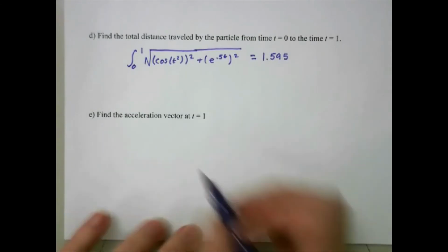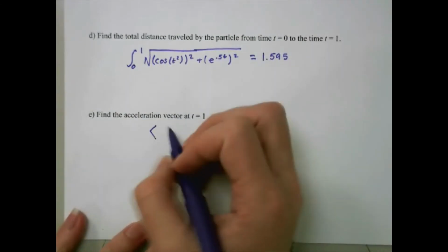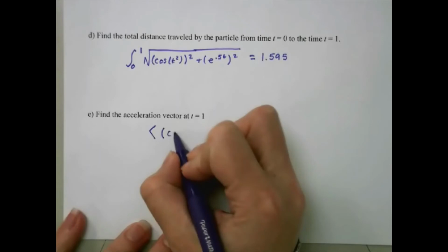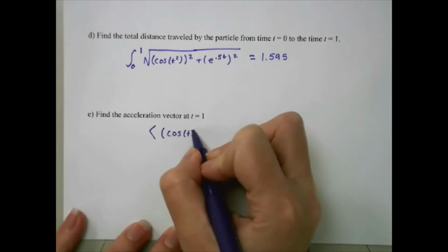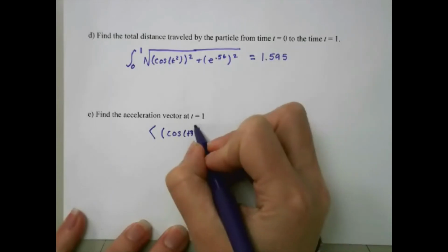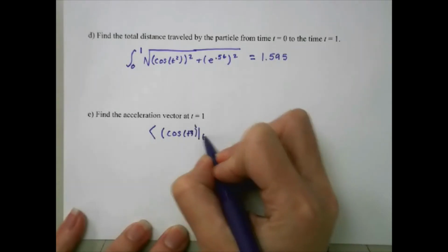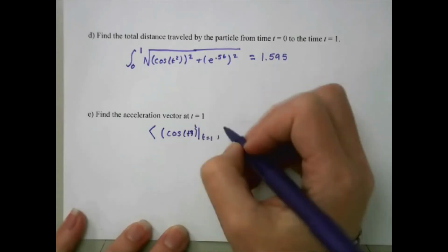The acceleration vector, that's just going to be the derivative of each of those. So the derivative of cosine t squared, we're going to take that derivative and evaluate it at 1.